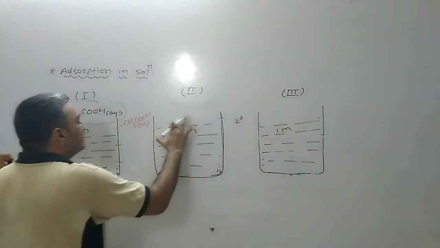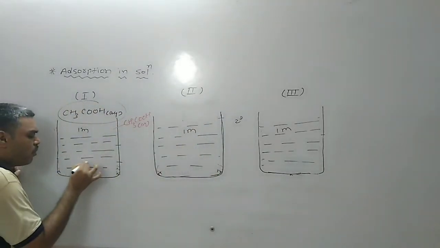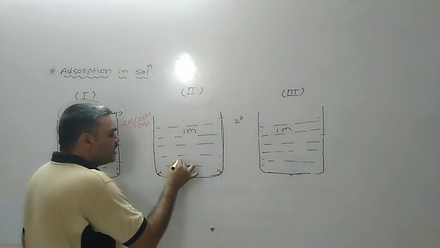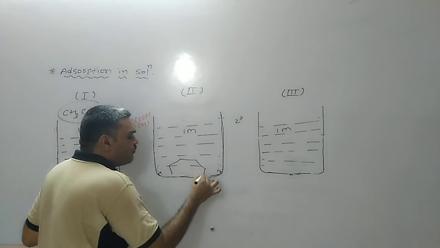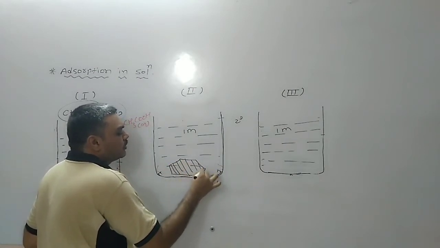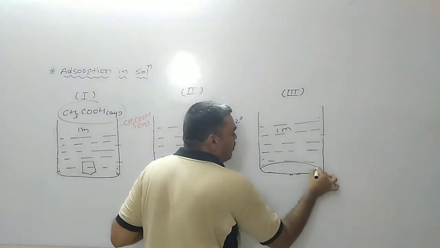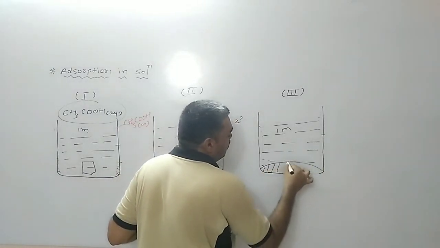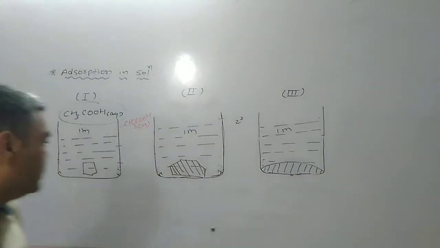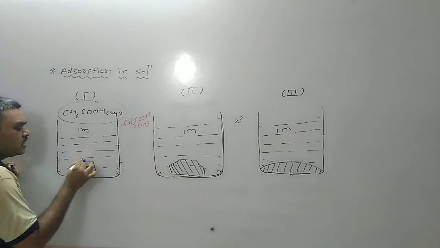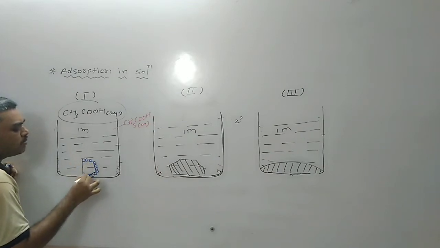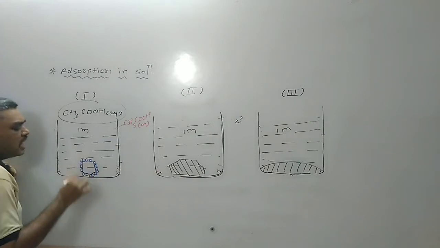Here you will take a small piece of coal. Here you increase the area of your coal like this, and here you take the powder form of charcoal. Then you will find that on this surface some solute particles of acetic acid become adsorbed.